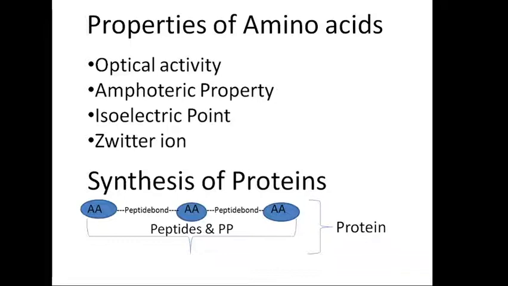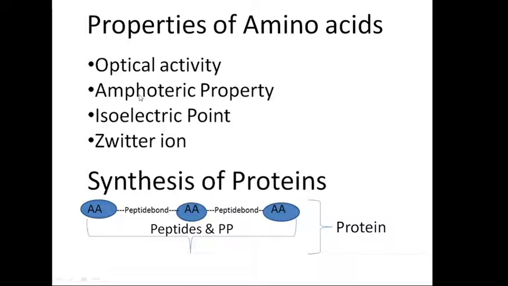So in a solution, they are said to be either optically active or optically inactive. If they rotate the plane of polarized light towards the right, it is dextrorotatory. If they rotate it towards the left, they are said to be levorotatory.